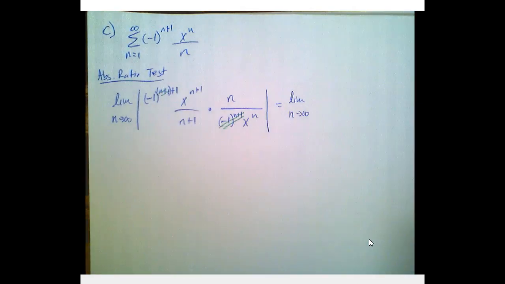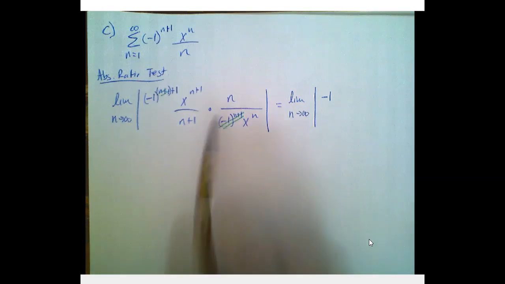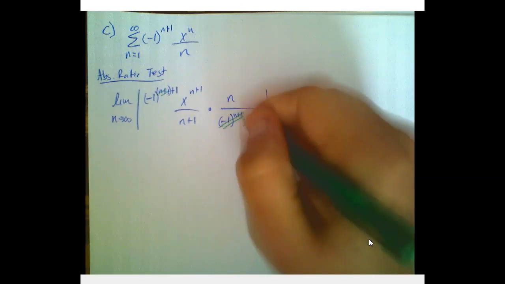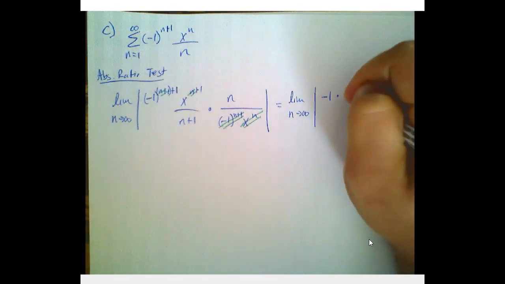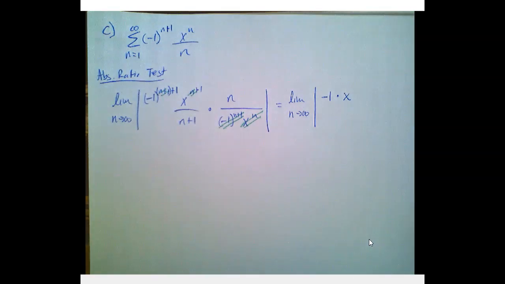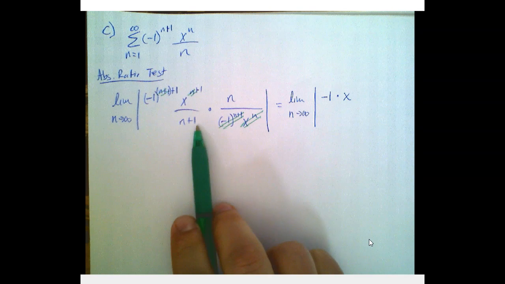Let's see what cancels. These negative ones will cancel with all of those, leaving us with a negative 1. All of our x to the n's cancel with all n of those, so we'll have an x left at the top. And then we have n over n plus 1, which does not cancel.